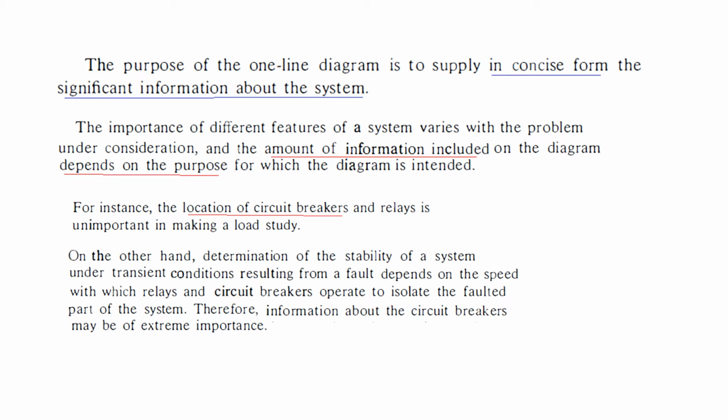So if you want to do the stability analysis, you have to study what happens when there is a fault and how quickly the circuit breaker isolates the system. And therefore, in that case, you must include the circuit breaker information in the one line diagram.